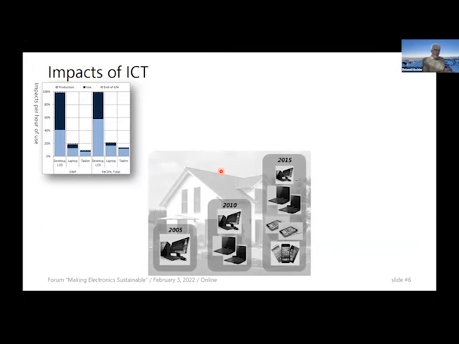However, on a time scale, if we look at how ICT was in your family 10, 15, almost 20 years ago, we had one computer in the family, and nowadays we have a lot of mobile devices in the children's rooms and so on. You have tablets, smartphones, laptops.